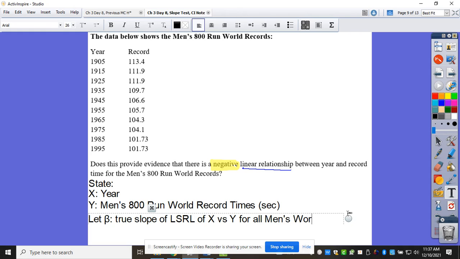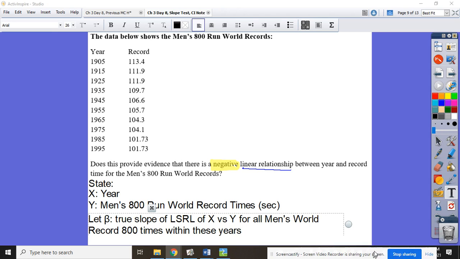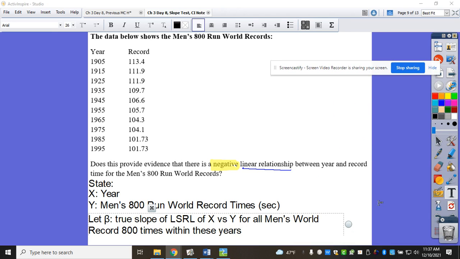I would probably put within these years, because that's basically saying extrapolation, kind of.